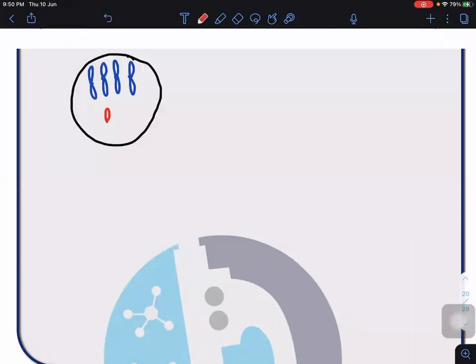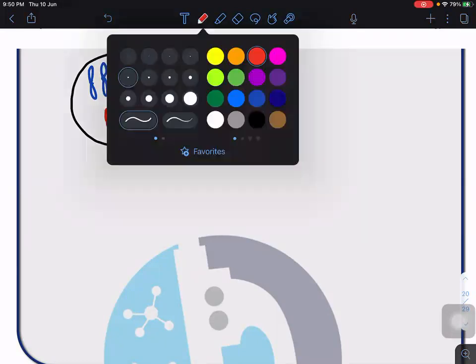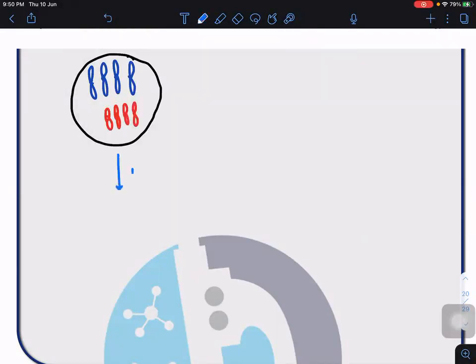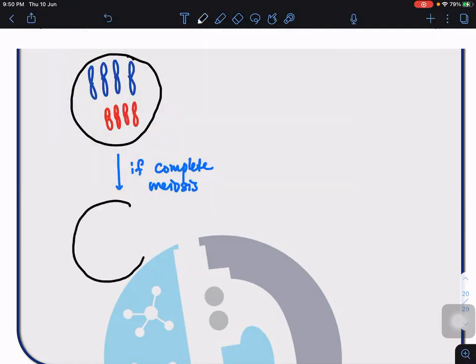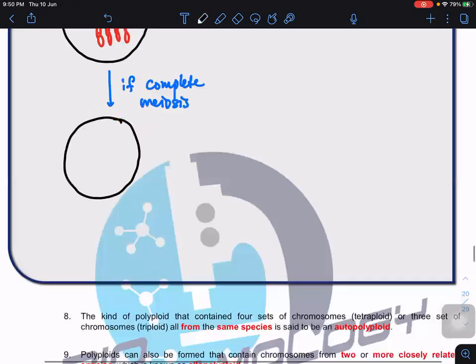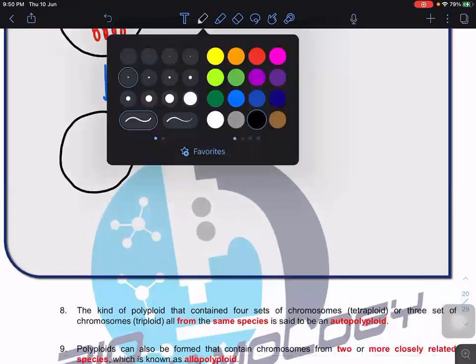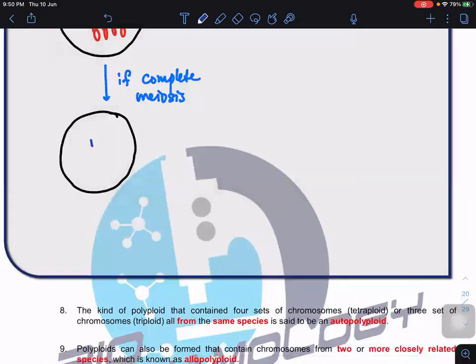just randomly, they can produce gametes if they complete meiosis. If they can complete the meiosis, then again, they are going to form what we call the diploid gametes again. Reduced by half, right?